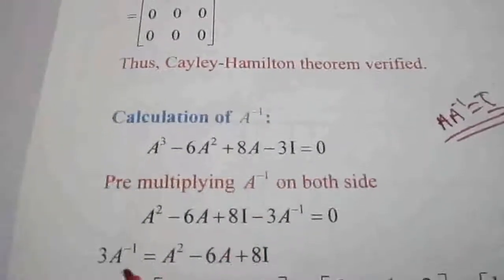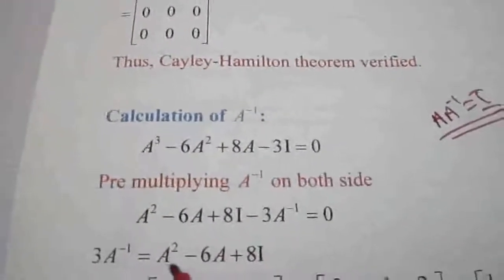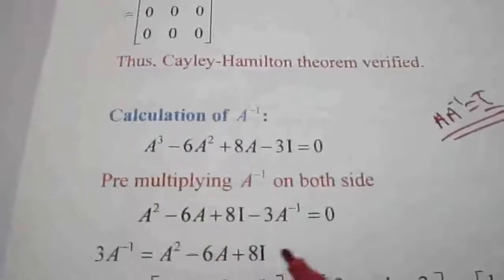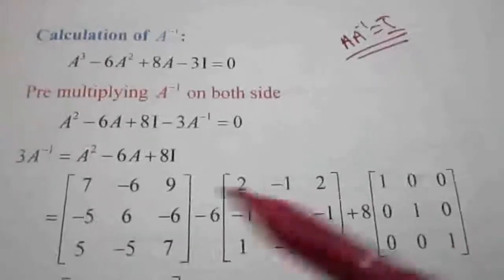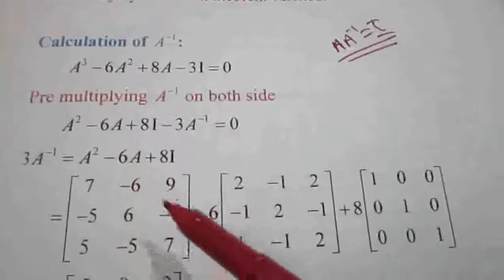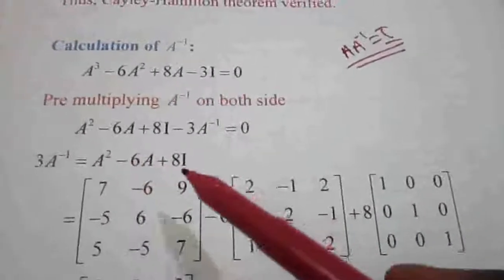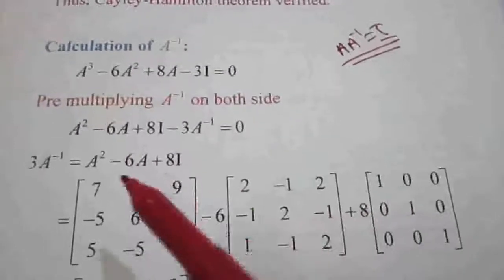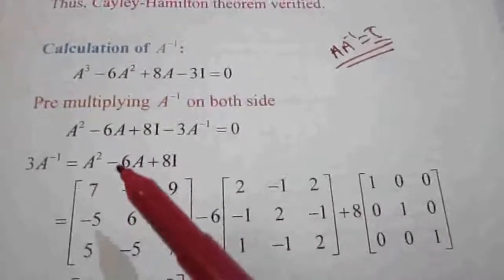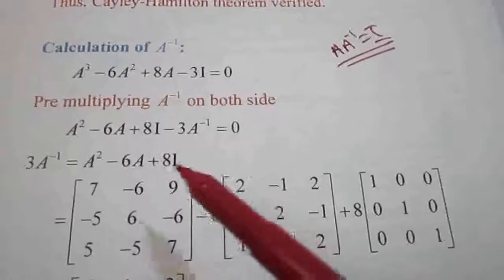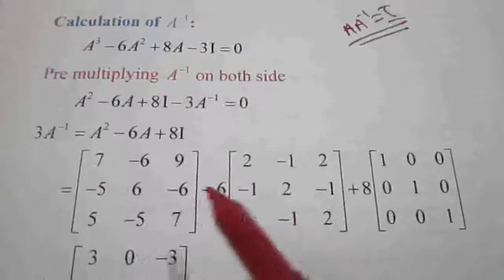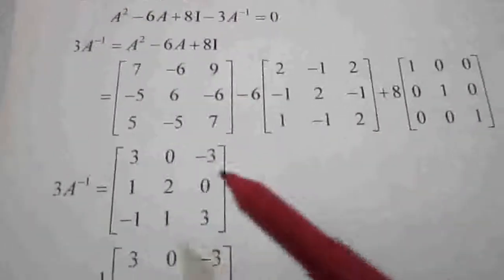Now to find A inverse, I am going to substitute A square value, A value, I value here. This is A square value, this is A value, this is I. I am going to multiply minus 6 inside and multiply 8 inside. After simplifying these three matrices, you will be getting this.